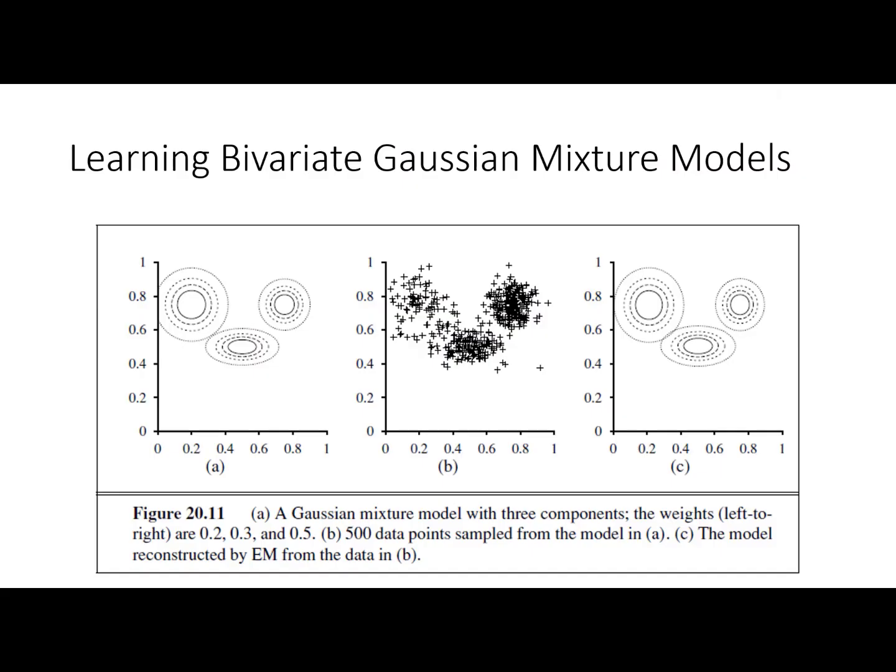In case of two-dimensional data points, this is an example in the textbook. We work with the bivariate Gaussian mixture model. So if you happen to know about the bivariate Gaussian random variable, it is a two-dimensional Gaussian random variable.